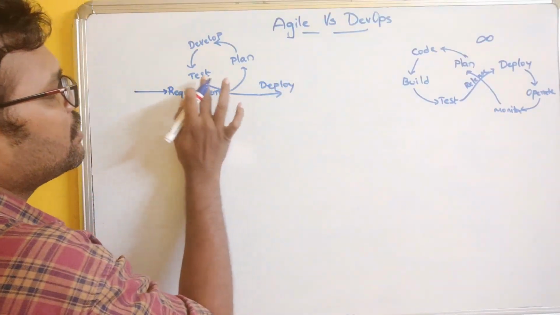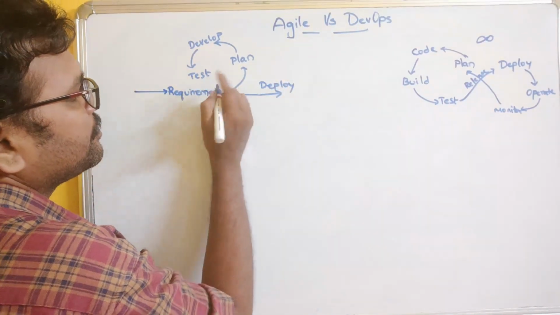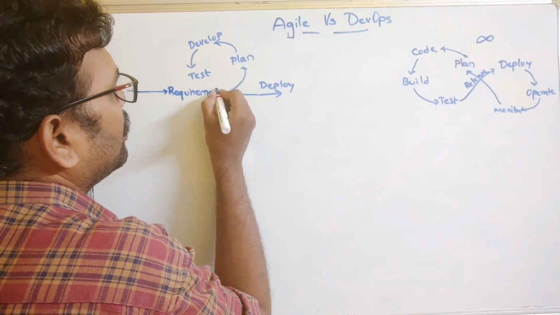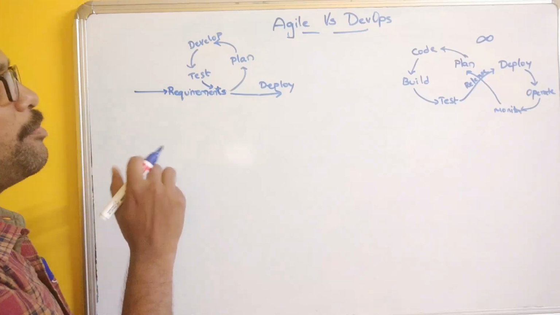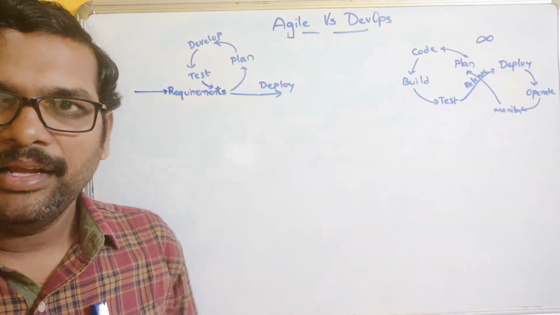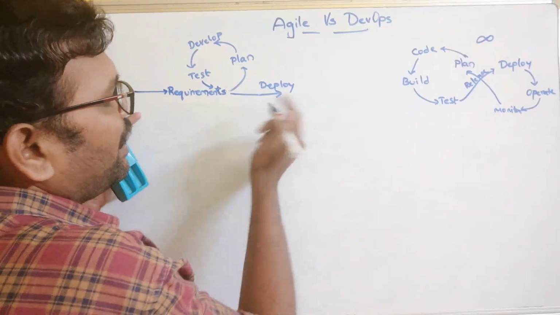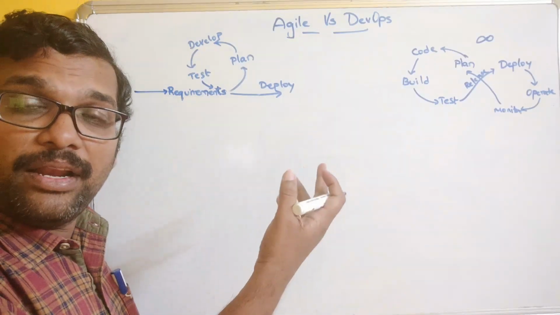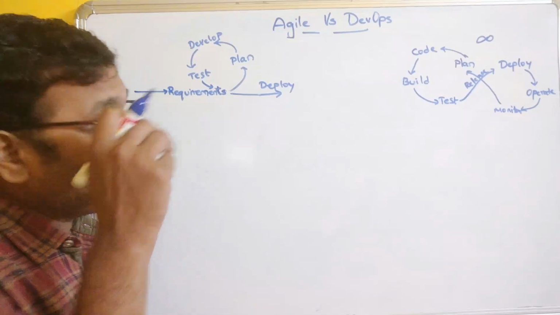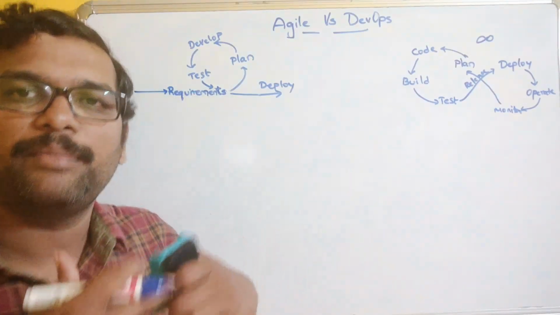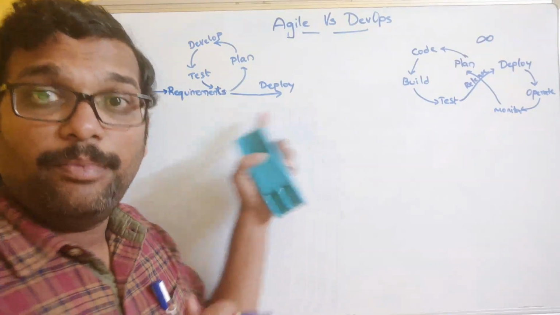This is the process done in Agile, right? After every deployment, that means after every release, the customer feedback will be taken, and based upon the customer feedback, the further requirements will be accommodated. That will be done by Agile.